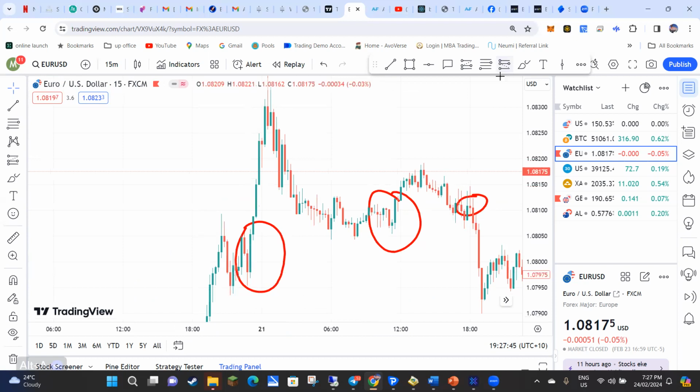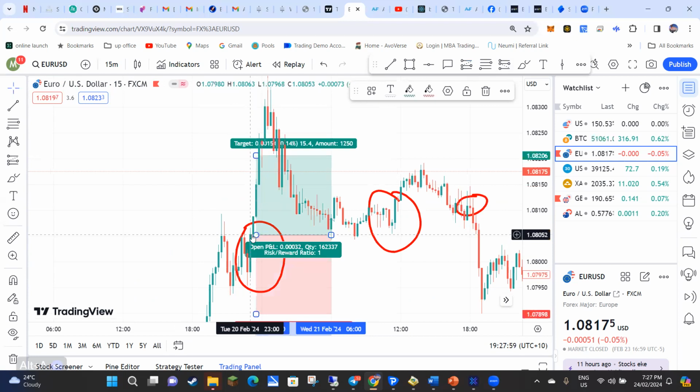Over here, we've got these good little tools for working out risk to reward, which we haven't gone through yet, but we will shortly. So we've got the bullish engulfing candle. If we were trading, we would have placed a trade right where that candle closed, and we'd want to put the stop loss below the most recent structure.